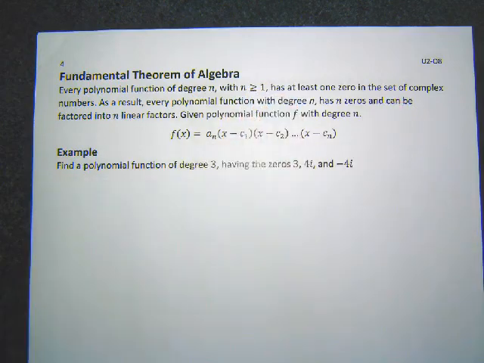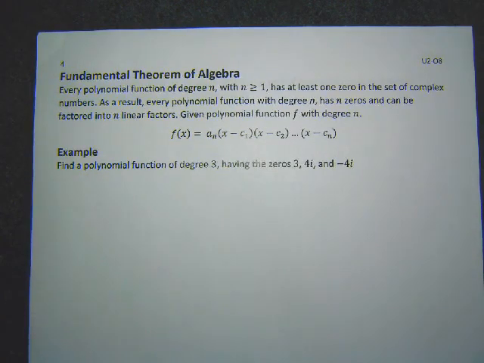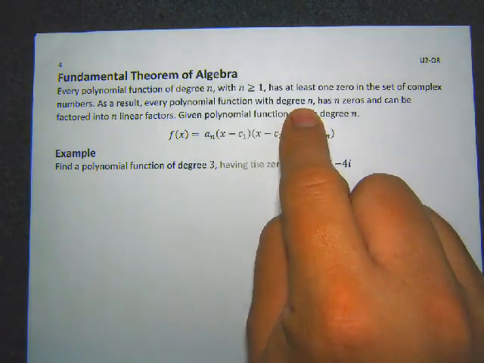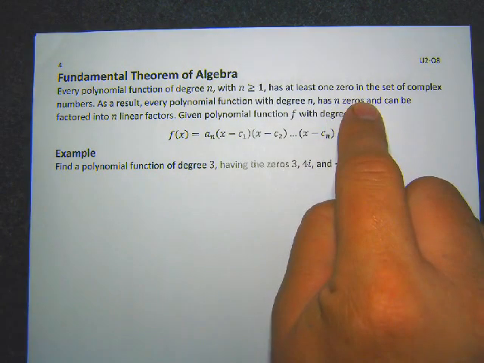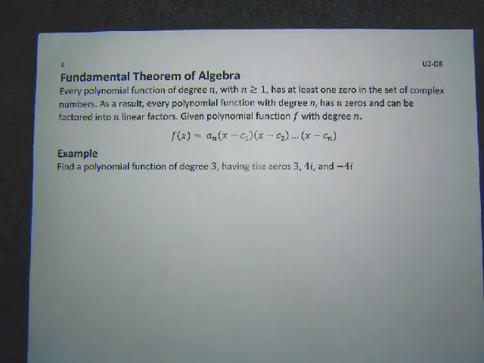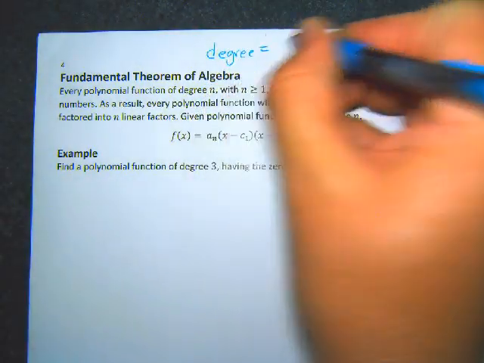It's at least degree 1, so if there's at least an x in there, you can find a zero. And that leads to the following result: if the polynomial has degree n, then it has n zeros, meaning the degree equals the number of zeros.